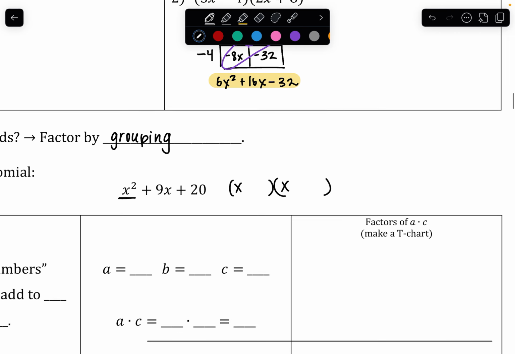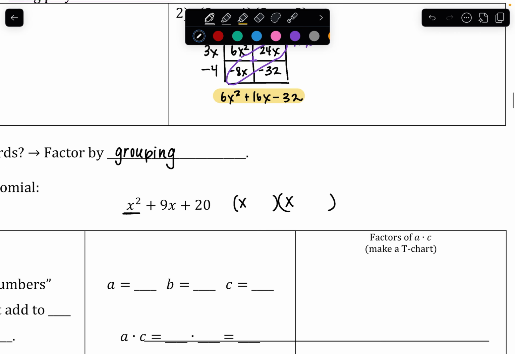And then to get the 20, we could probably have a 5 and a 4, or we could have a 10 and a 2. How we pick these numbers is determined by what multiplies to give us 20, but adds together to give us the 9.